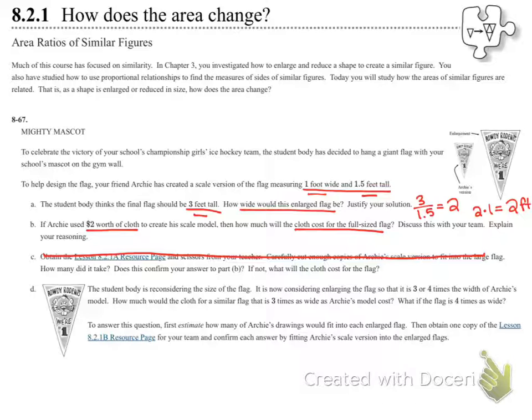So I want to think about how many of these small flags would fit in here. Would 2 fit in here? Would 3 fit in here? Would 4 fit in here? And so on. I want to figure out how many of those will fit, because I know that each one is $2. If I can figure out how many of those go into it, then I can multiply that number by 2 to figure out what that new version is going to cost.